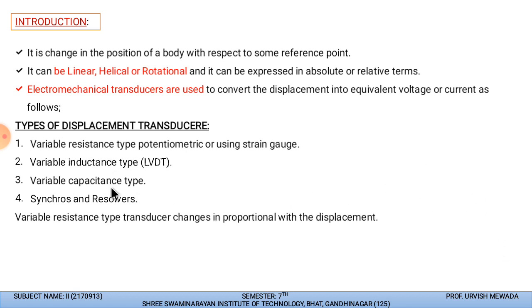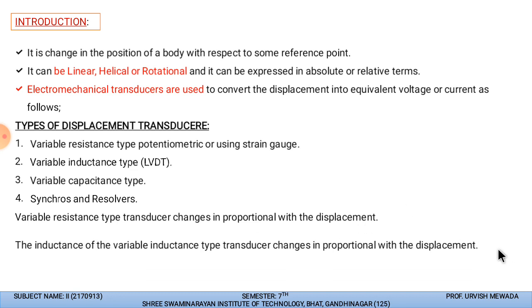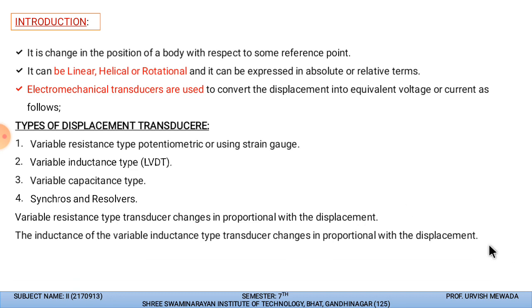Generally, variable resistance type transducers change in proportion to the displacement. As the displacement changes, the arm or device connected to that object changes the resistance of the transducer, and we can measure that displacement in terms of electrical voltage.